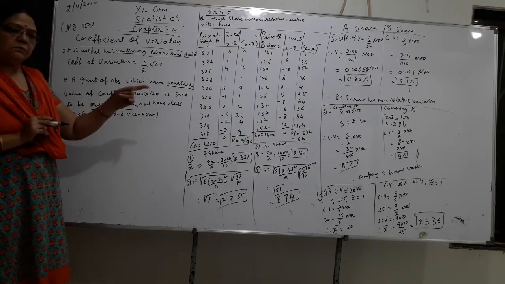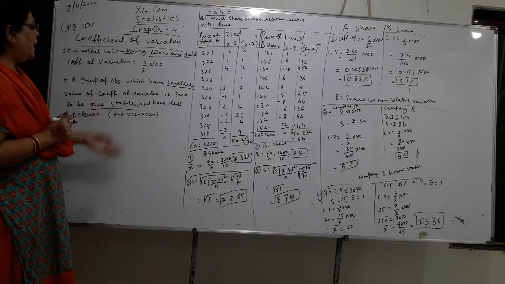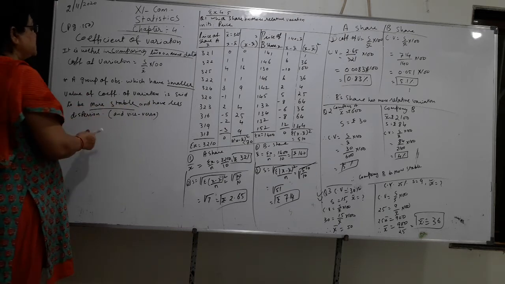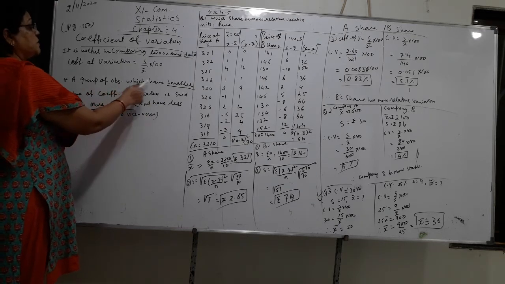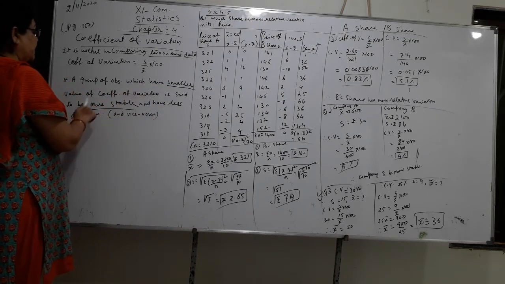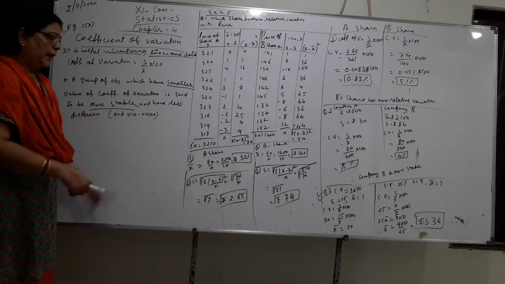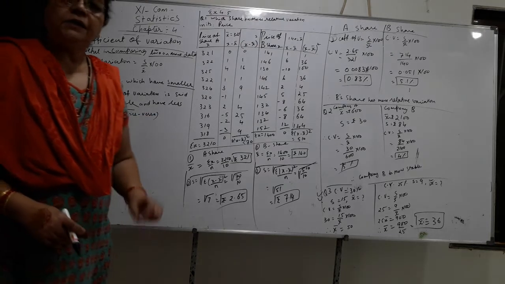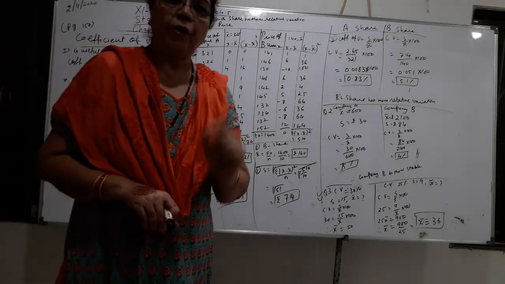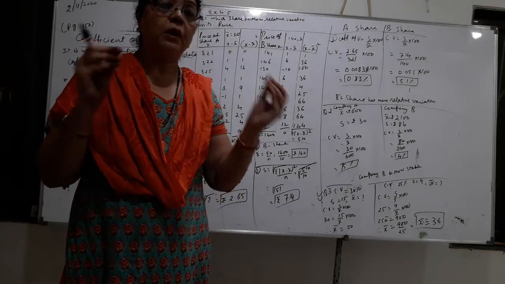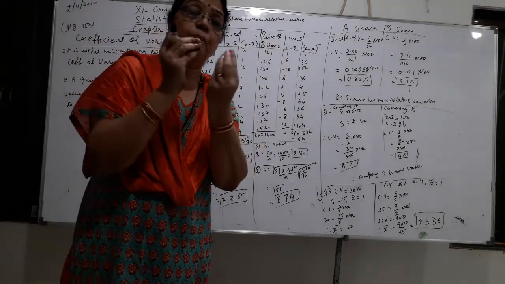This when the sum comes I will explain you. And having less dispersion, and vice versa. Vice versa means what? A group of observation which have more value of coefficient is said to be less stable and have more dispersion. So in short, I want to tell you that 4.5 exercise is very important because it is used to compare two or more group of data.